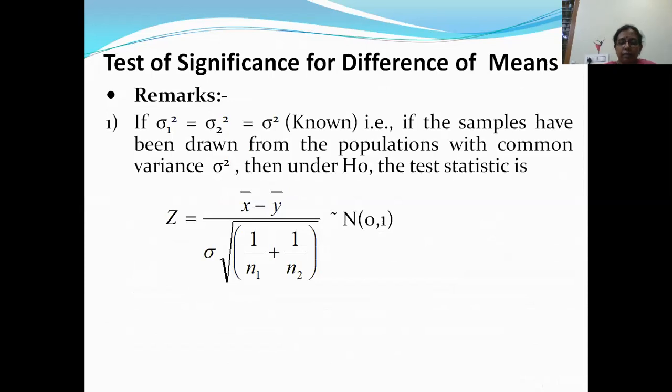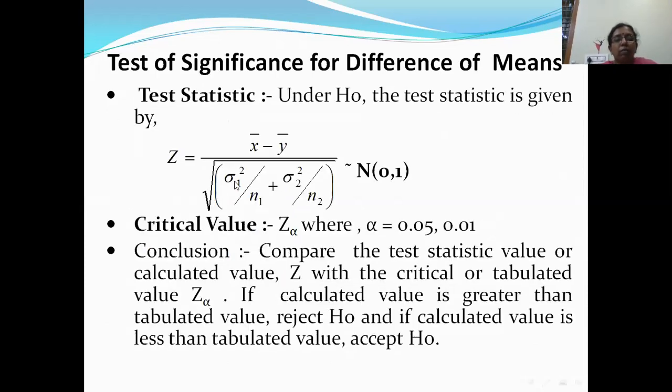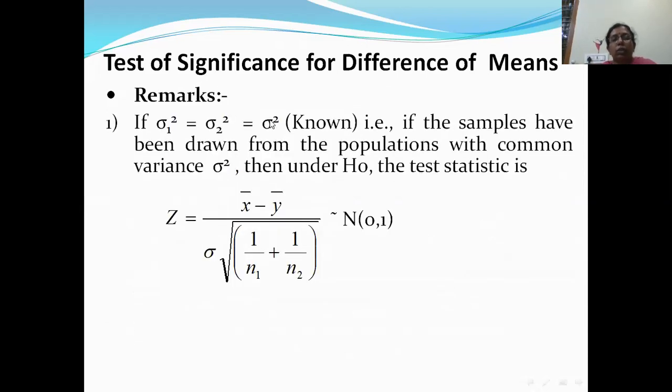So you have certain remarks in this. If sigma 1 square is equal to sigma 2 square is equal to sigma square, that means the variance of the first population and the variance of the second population are the same, equal to sigma square, then the test statistic will be x bar minus y bar by sigma into root of 1 by n1 plus 1 by n2.